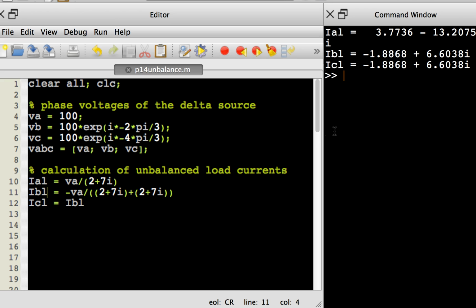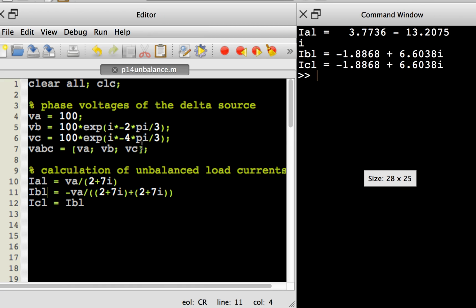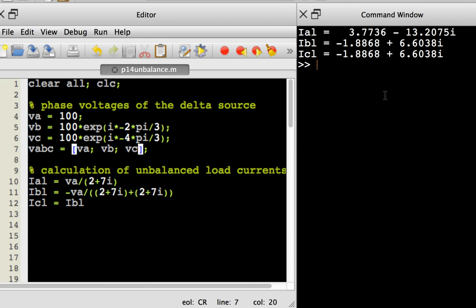So on the right hand side now we got the solution. So IA1 is this, IB1 is this, and IC1 is this. As noticed, they are half of each other. So IB1 is half of IA1 and so on.